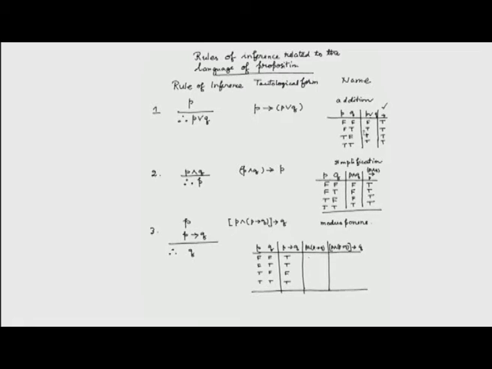P and P implies Q is false, false, false and true. Whenever this is false, the implication is true. So, we have to only check the case where P and P implies Q is true, and then Q is true, therefore, the truth value is true, and thus we see that modus ponens is indeed a valid inference.